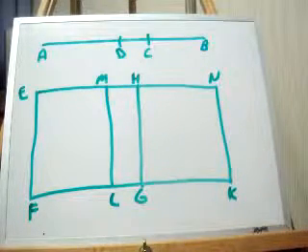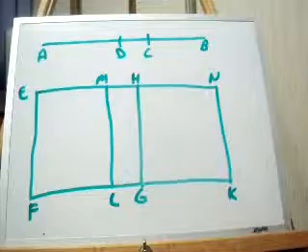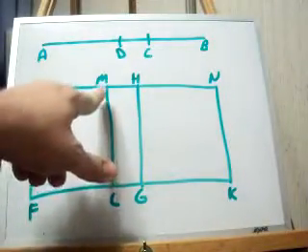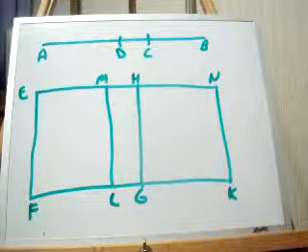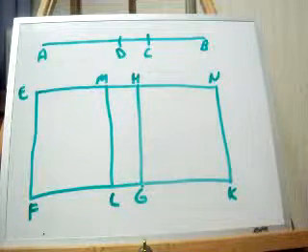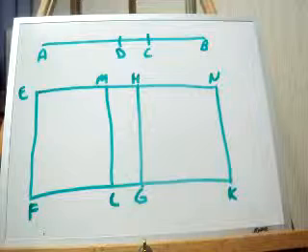In the same way, EM and MN, so we have EM here and MN right there, will also be proved to be rational straight lines commensurable in square only.